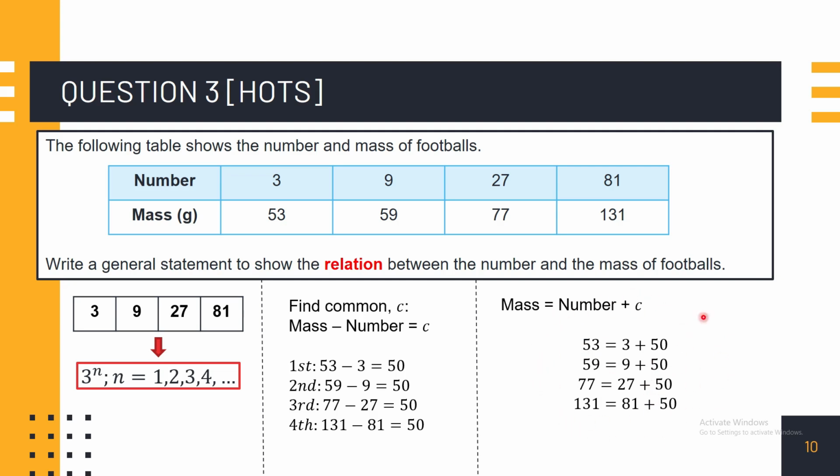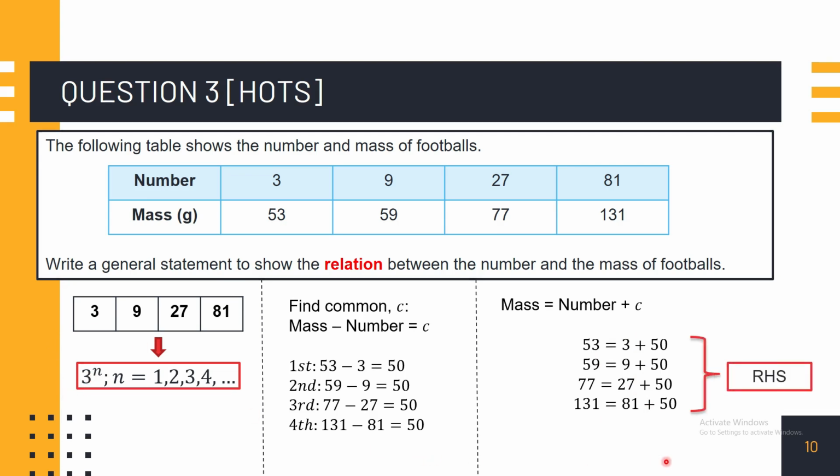From the last subtopic we already learned how to generate the conclusion from this sequence, right? And 50 is the common one. First we write down the common, which is the plus sign and the 50. And then what is for this sequence, 3, 9, 27 and 81? We already determined the formula for this part, 3 power of n.